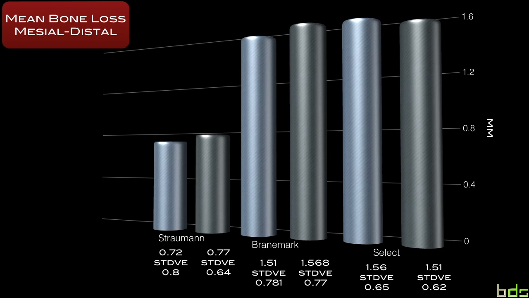So obviously less bone loss with Straumann bone level, probably because of its macrogeometry, more evenly distributed forces with internal connection, and a limited platform switching. Statistically, it was significant. We found a difference between these three implant systems. Now, is it relevant clinically? We have to see later on.